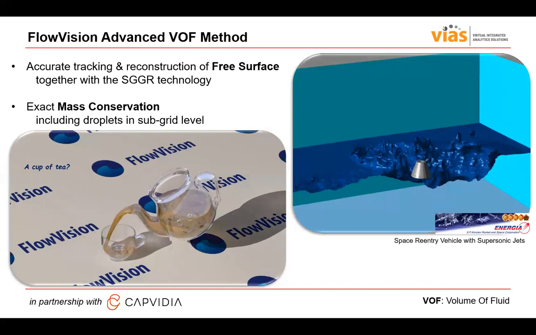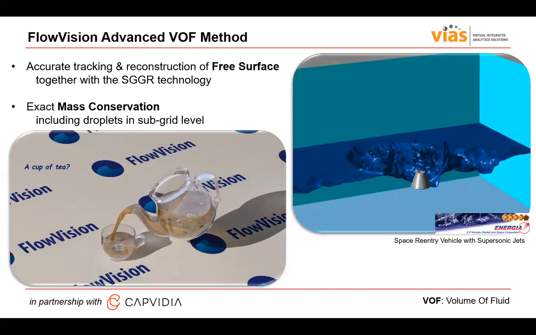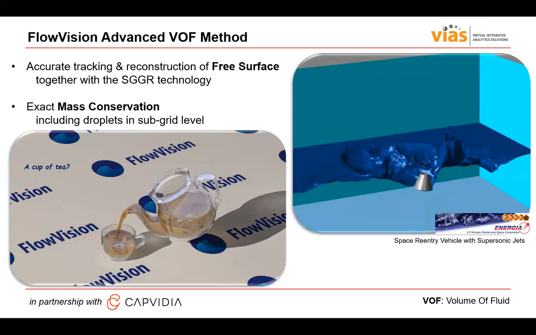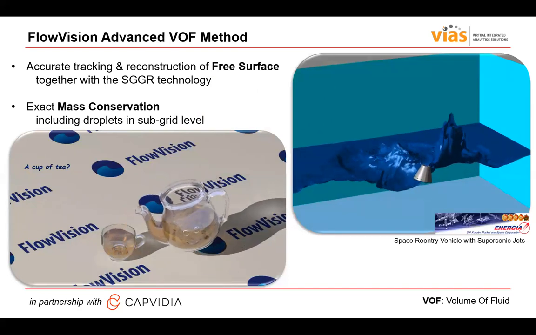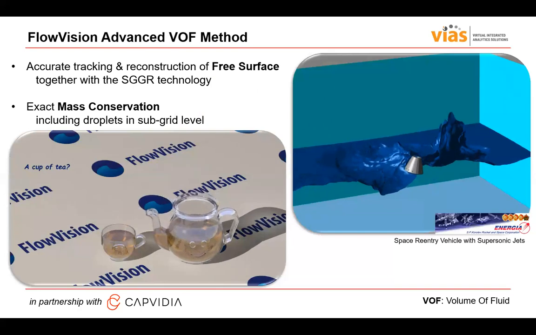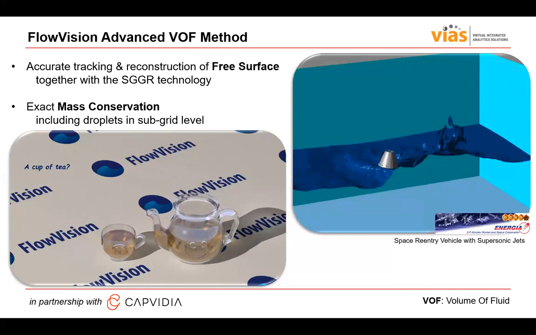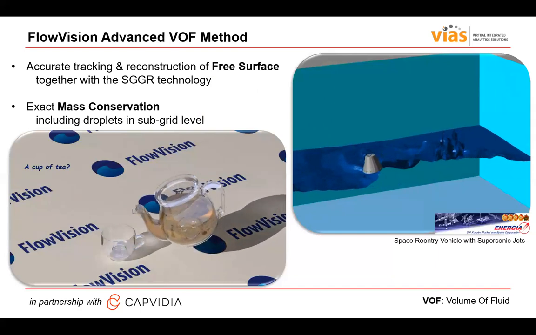This allows simulations like you see on the right, which is a space re-entry vehicle landing on the sea with some supersonic jets which are trying to decelerate the object.